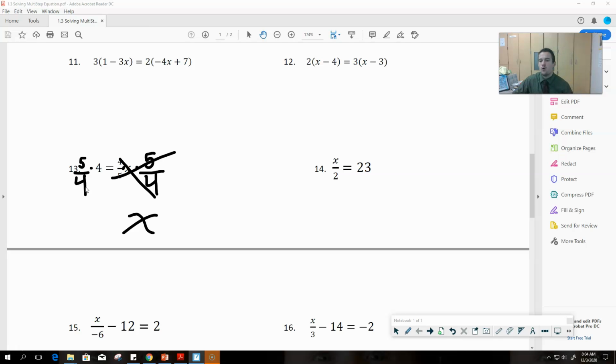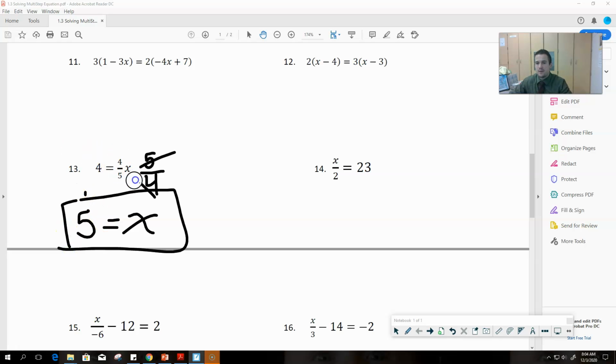So 5 over 4 times 4, those 4's in the top and the bottom will cancel, and I'll be left with x equals 5. So my final answer would be x equals 5. If I plug 5 in for x, I'd have 4 equals 4 over 5 times 5, which is indeed correct. 4 does, in fact, equal 4.